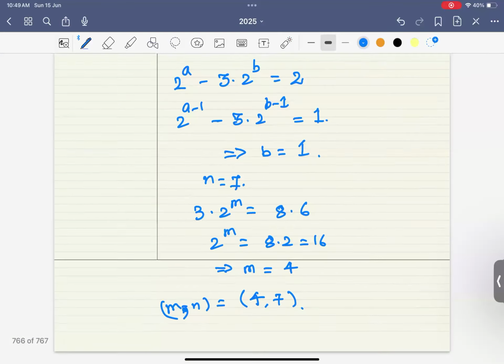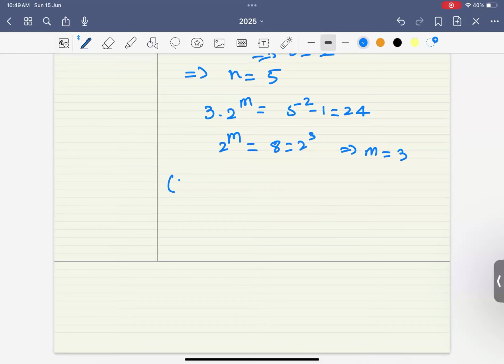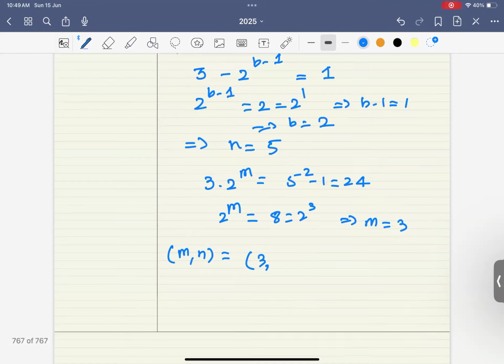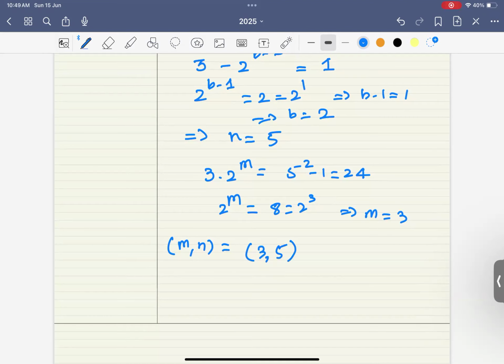So we have yet another solution, that m comma n is 3 comma 5. And since we have exhausted all the cases for the forms of n plus 1 and n minus 1, we get that these are the only two solutions to this Diophantine equation.